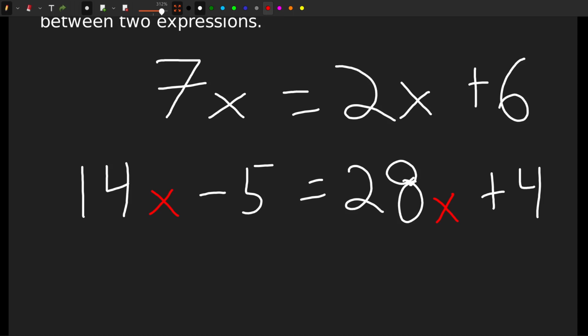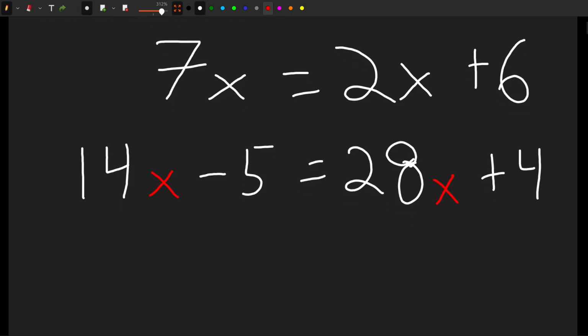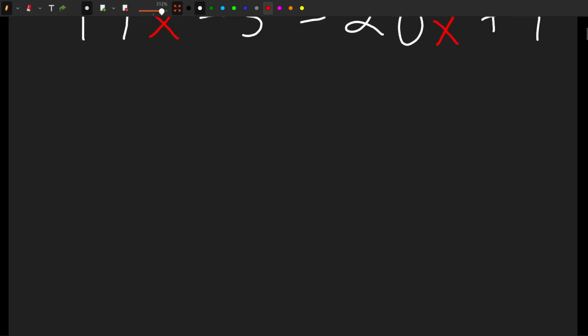What a linear equation is in this case is it only has one variable. What we will be dealing with for a good portion of algebra is linear equations, which have one variable.